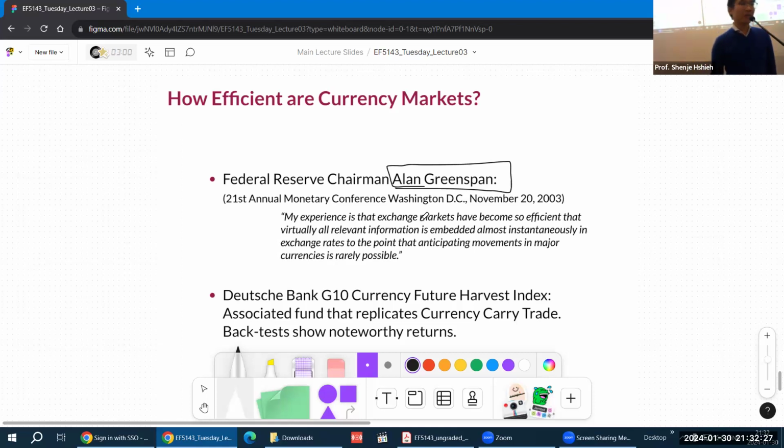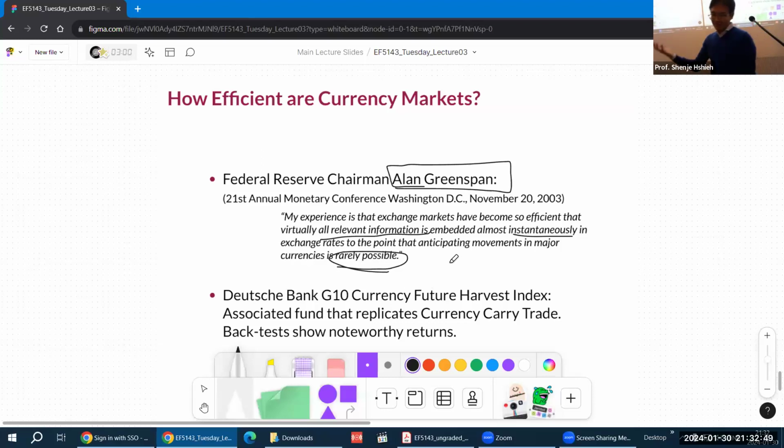He was very laissez-faire, very market-oriented, and he believed that markets were very, very efficient. He states, my experience is that exchange markets have become so efficient that virtually all relevant information is embedded almost instantaneously in exchange rates to the point that anticipating movements in major currencies is rarely possible.